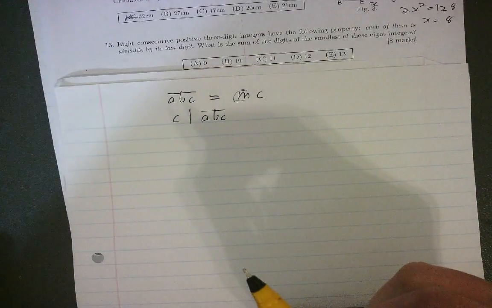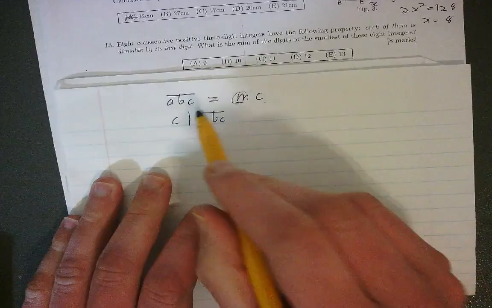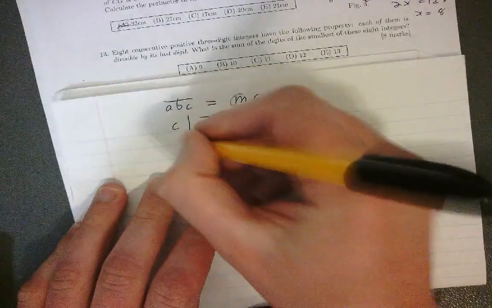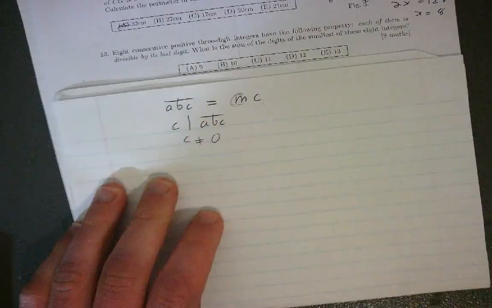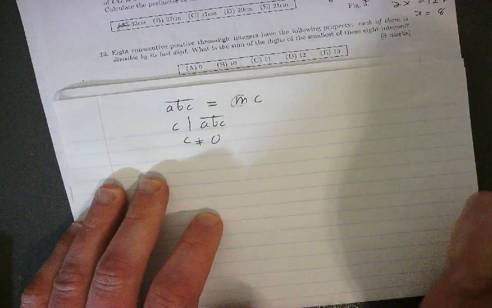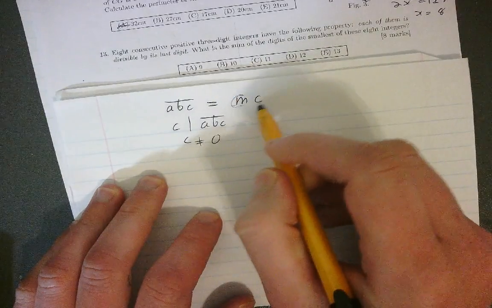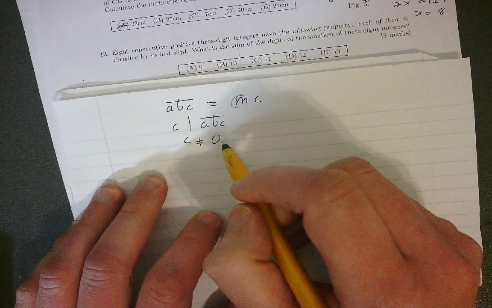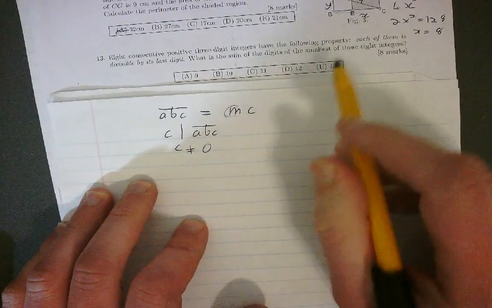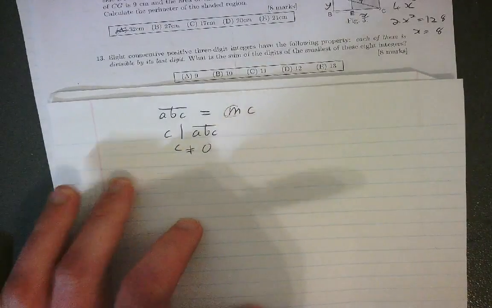Now let's look at some properties of this. We have that c can never be equal to 0, because nothing is ever a multiple of 0 except 0. So none of the numbers can end in a 0. The question also says there are 8 of them that are consecutive integers.